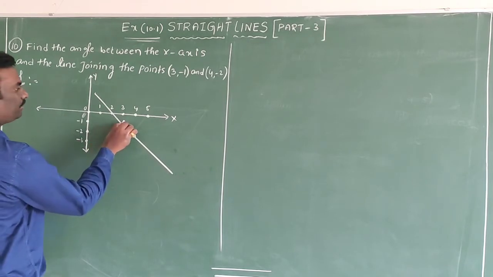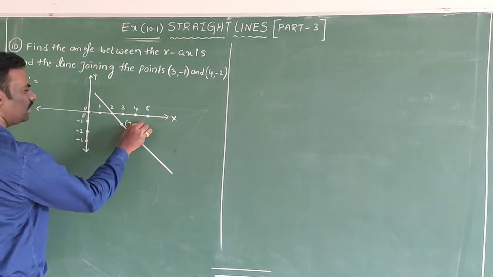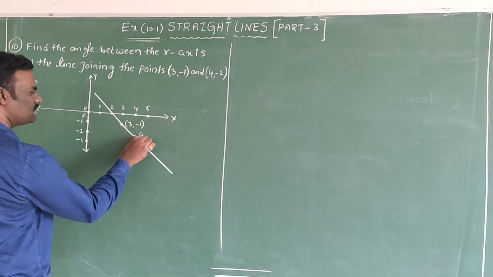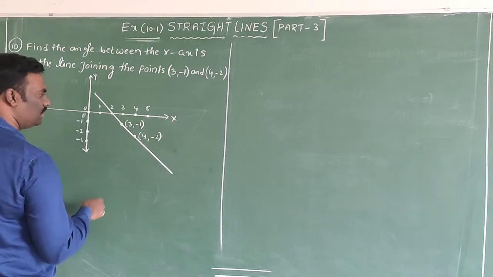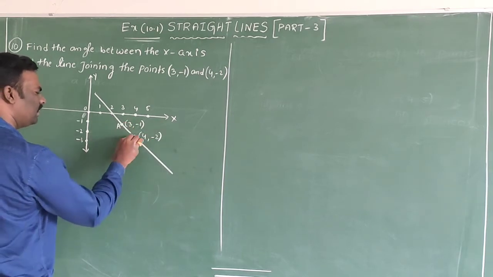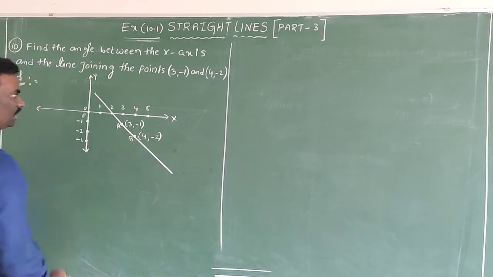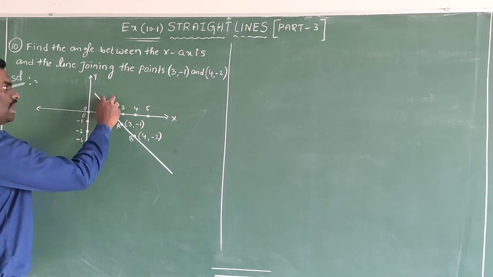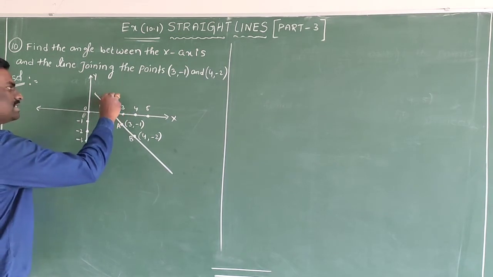This is 3 comma minus 1. This is 4 comma minus 2. This point is A and this point is B. Now we need to find how much angle this line AB makes with x axis. This we need to find.